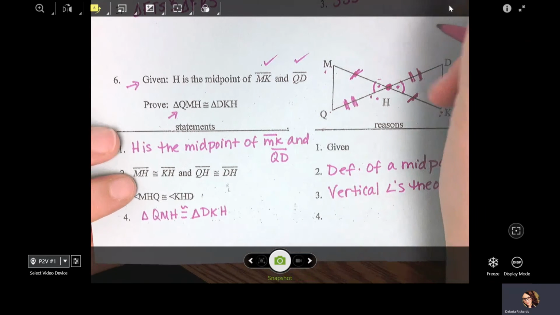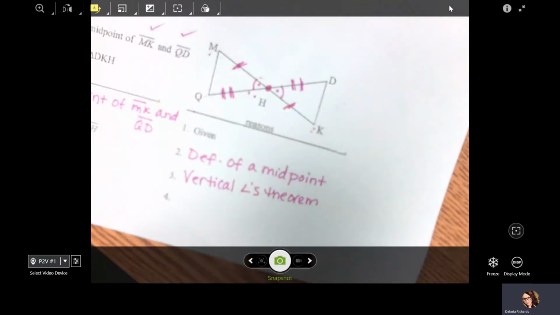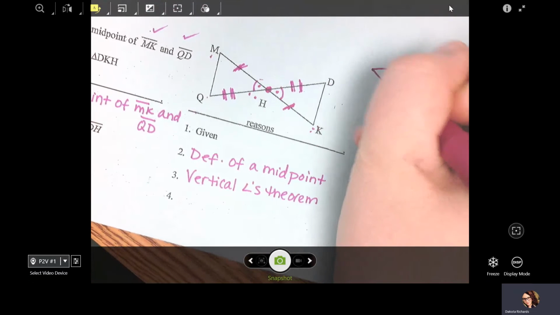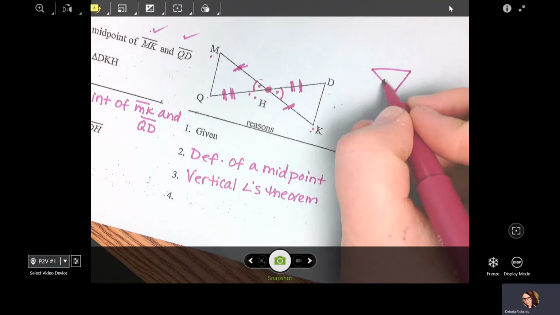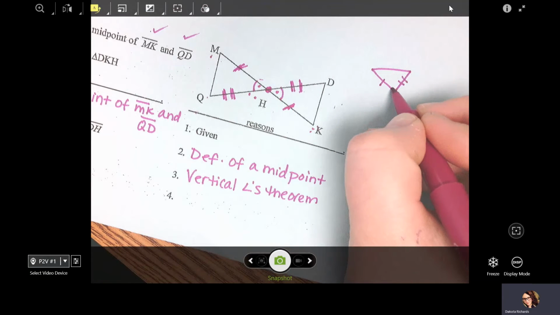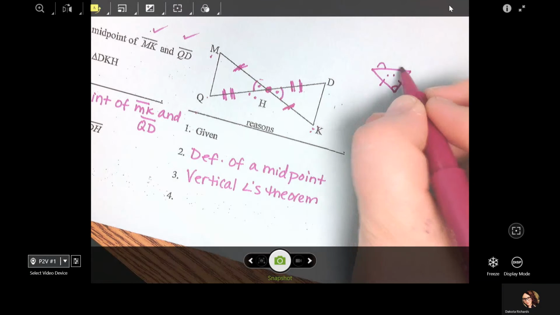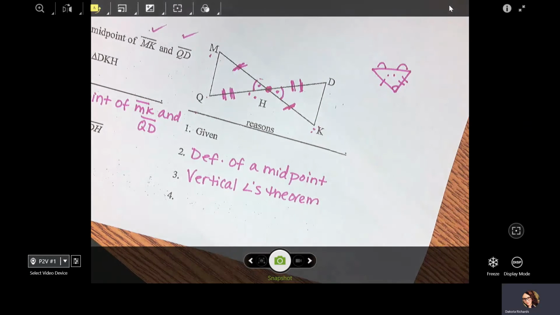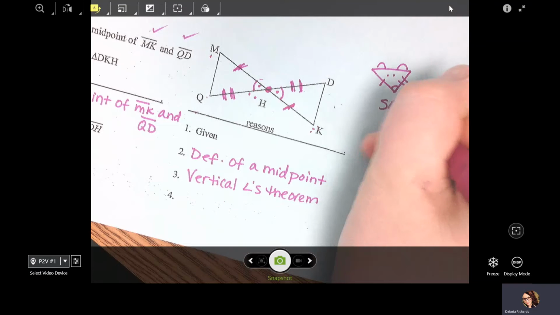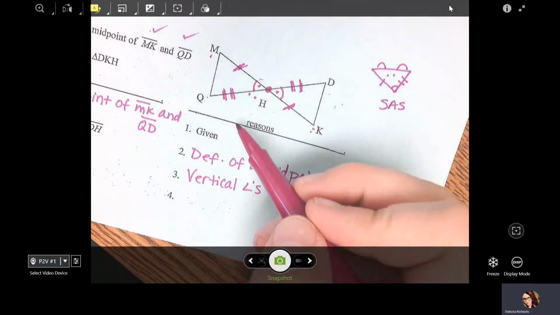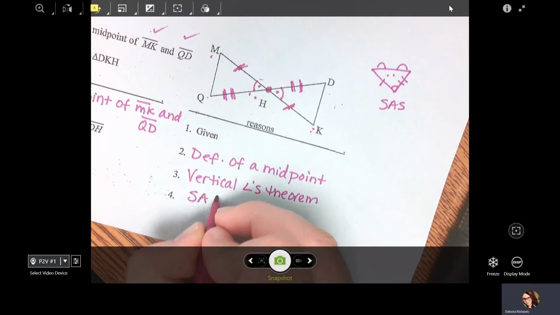So my little trick, I showed this to people in class today. So if you have a triangle and the angle is in between the whiskers, you can make a little face. So if the angle is in between the two sides, it's side angle side. That's what's going on here. So this is just side angle side.